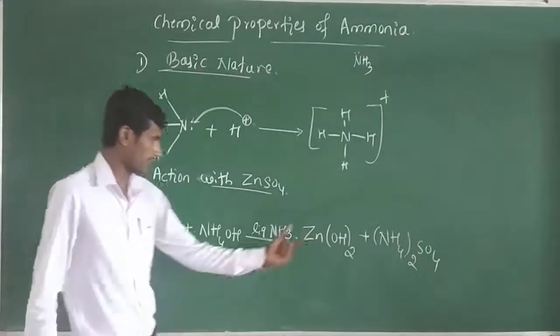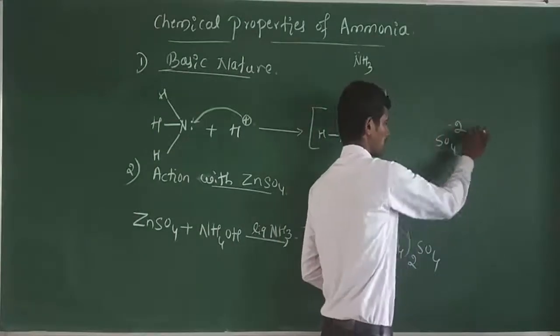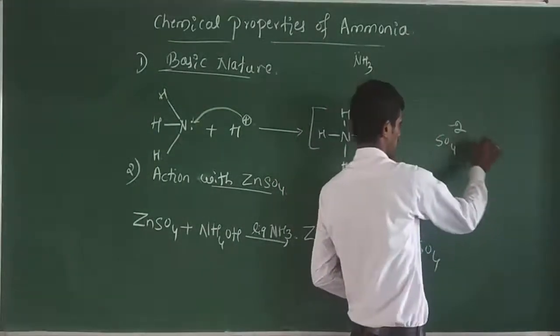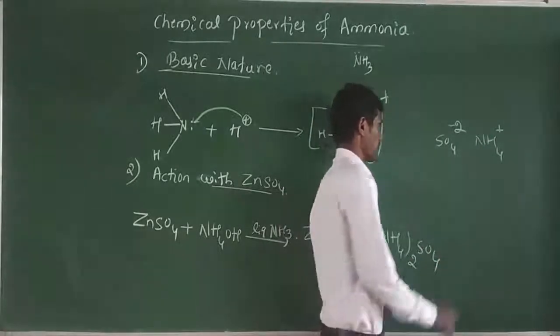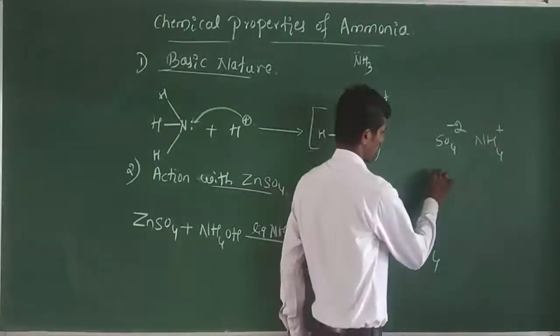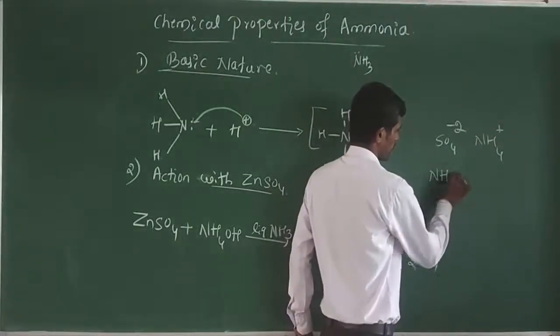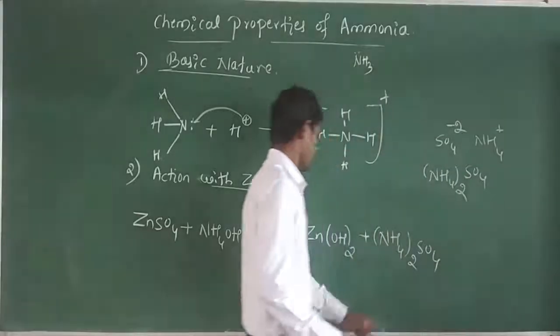Why do I write it like this? Because you know SO4 has charge -2 and NH4 has +1. While combining these, the charges cross-multiply. Therefore, (NH4)2SO4.